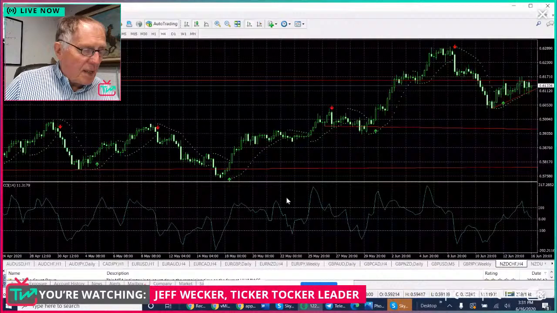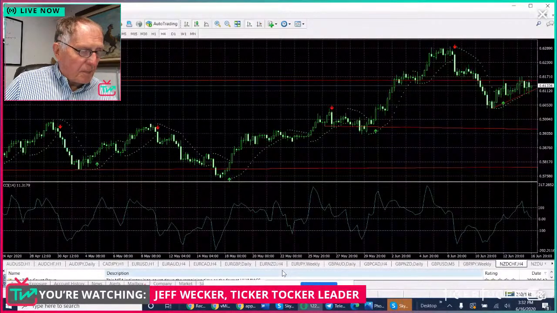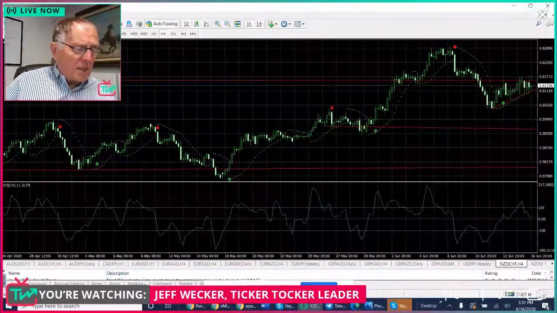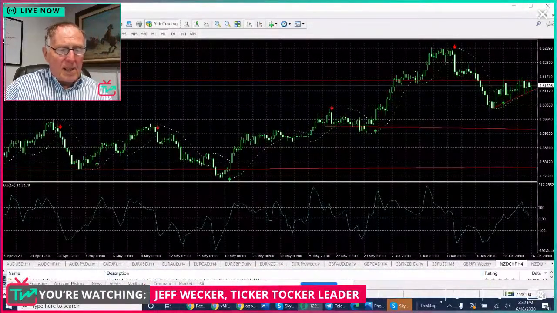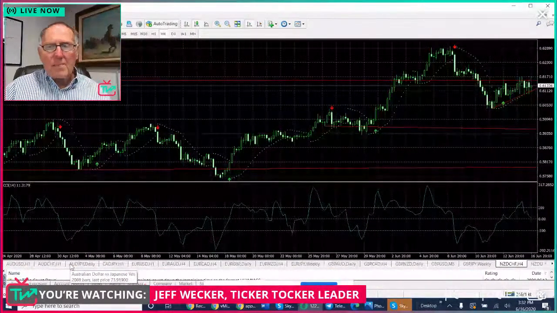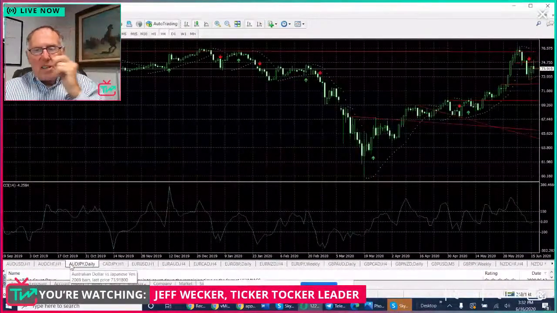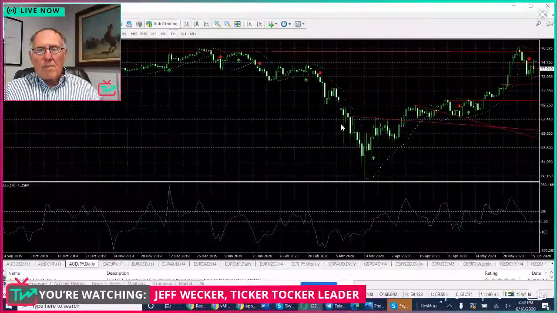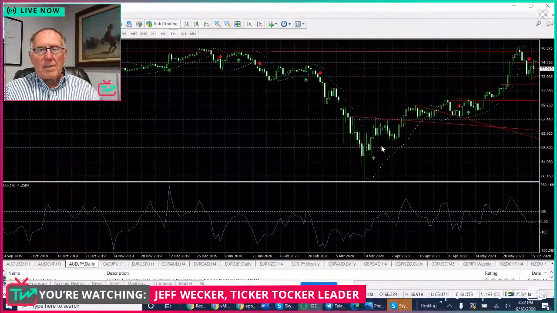Okay, let me try and find a chart. Let's see. Let's look at Australian dollar, Japanese yen. Okay, here it is. What you see here is the daily chart, Australian dollar yen, and we see a bottom being formed, or was formed, over here.